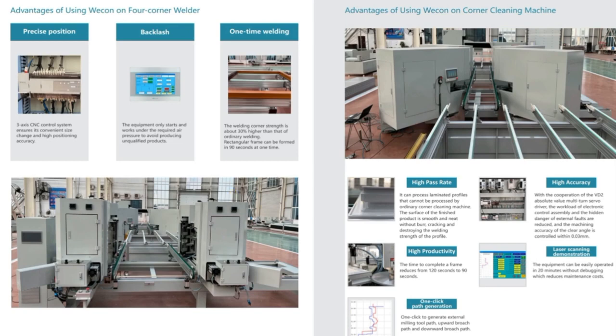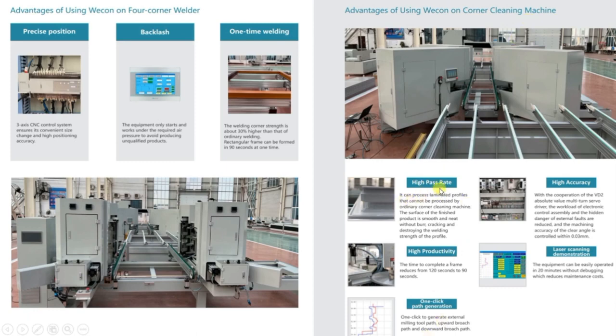So now let us see what are the benefits of doing all this. So first of all, we will see the advantages of corner welding machine. So it can weld very precisely. There is no backlash, means there is no wastage of products like wrong welding or like that, and one-time welding. In one time only, it can weld all four corners. Now we will see the advantages of corner cleaning machine.